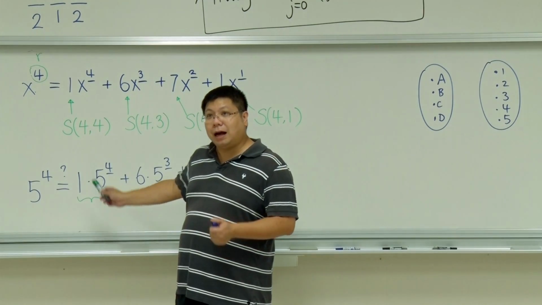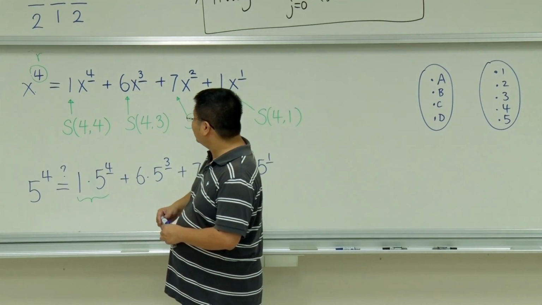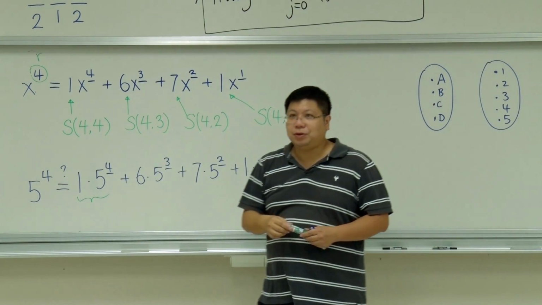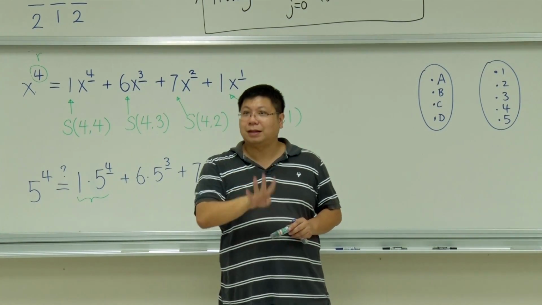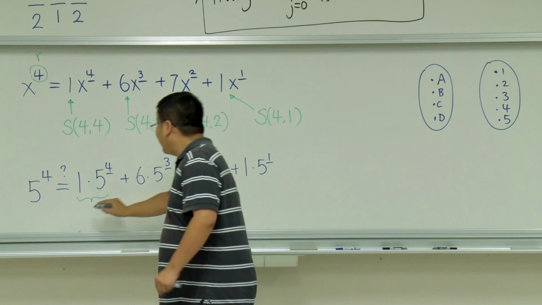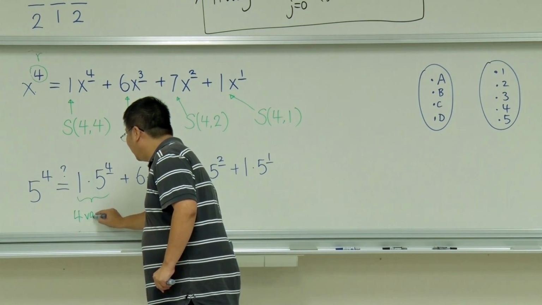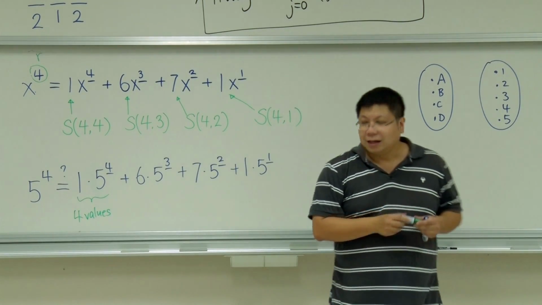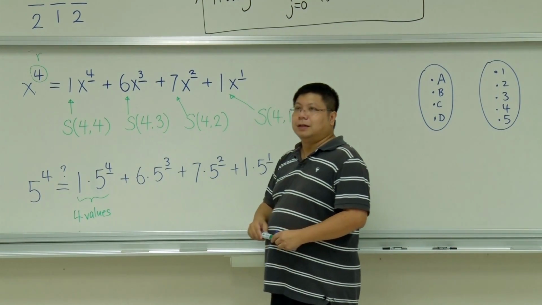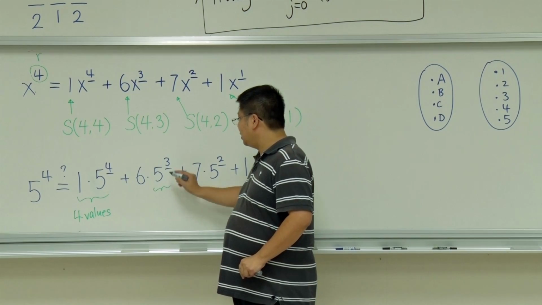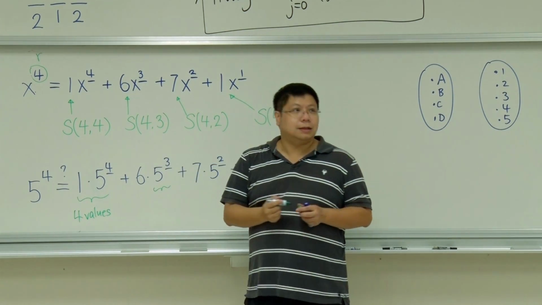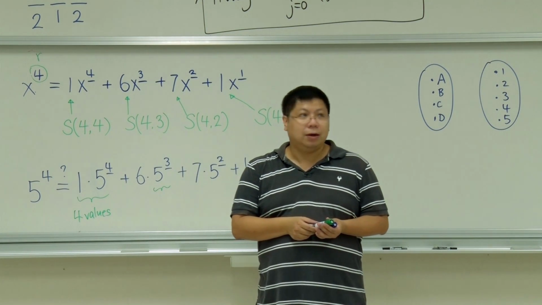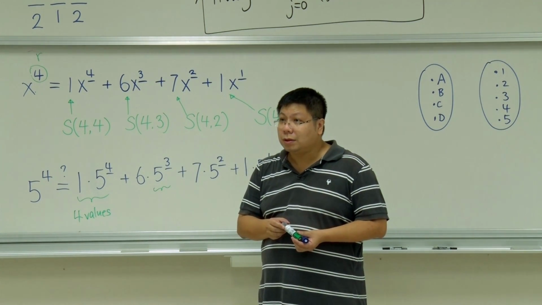So how many functions are there such that the values of A, B, C, D are mapped to 4 values? A, B, C, D consists of 4 values. And how about this one? This part is the number of ways to have A, B, C, D choosing only 3 values to use.